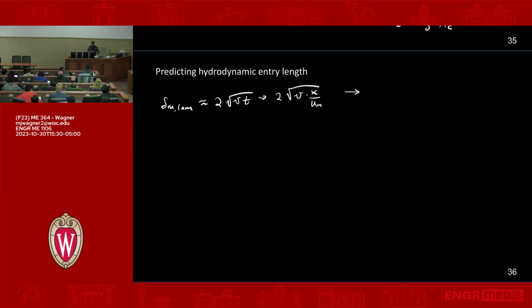Okay, so what we're trying to solve for is where the layers merge. When the boundary layers merge, we know something about delta_M. We know delta_M is d over 2. We also know that we're calling x at the point at which they merge x_FD,H.